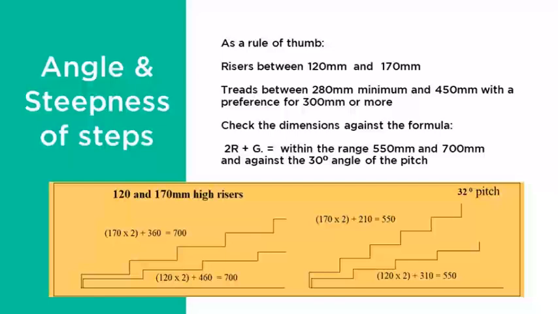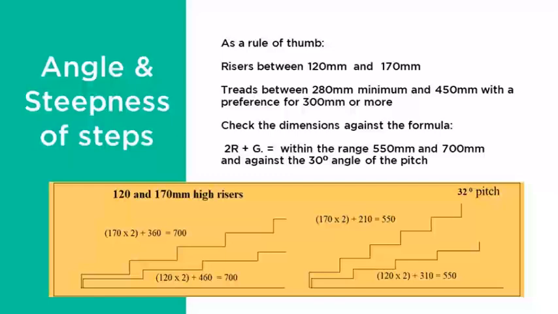Stairs where the formula results in a figure near 550, at the bottom end of the range, are the easiest to climb, whilst the resultant figure of near 700 mm indicates a greater effort is required.